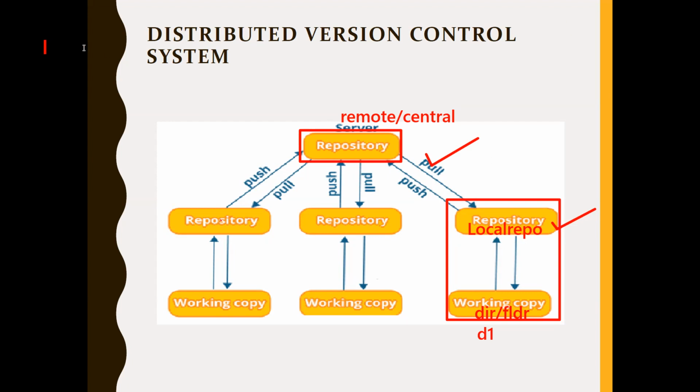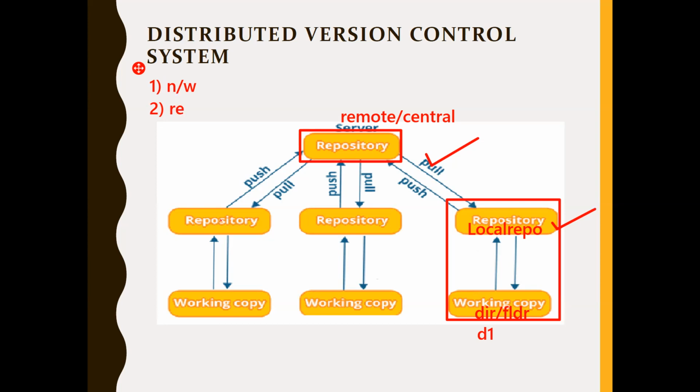Because of this, the advantage is, yes, you need network connectivity to push and pull, but even if the network connection is disconnected, you can still work on local. The entire work is not halted. Once the network connection is restored, you can push the changes. So that's how it solves a problem faced by the centralized version control system.